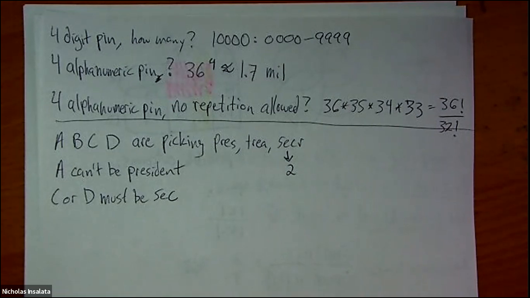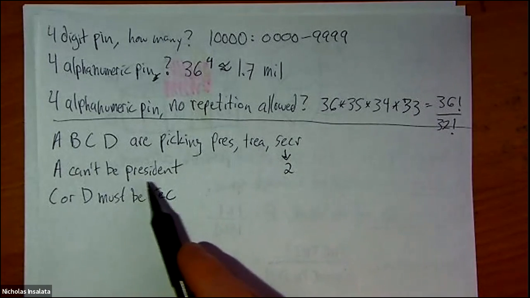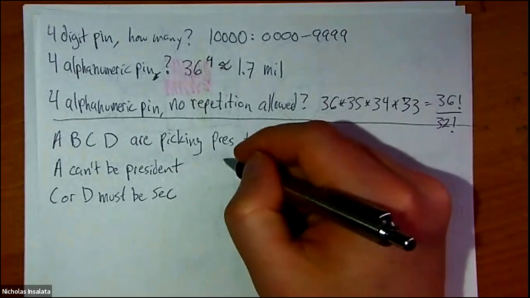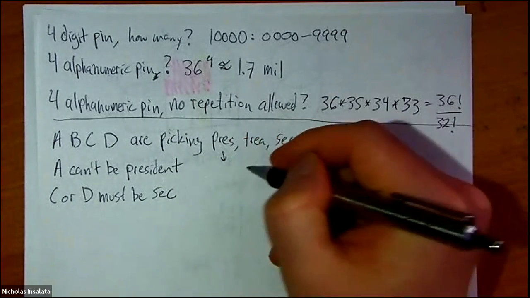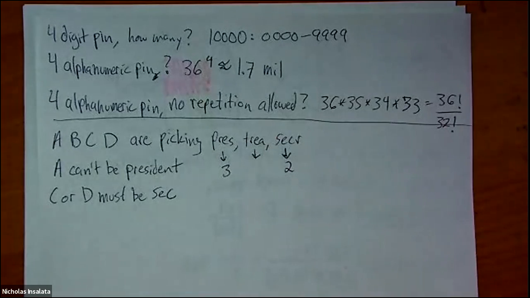Well, I can see why there would be 3 for the president, because A can't be president, right? So I see the 3 here. But why wouldn't there be 4 for the treasurer? So Kobe, you think there would be 4. And you think, Nathan, you think only 2 for the president. Well, why would that be?